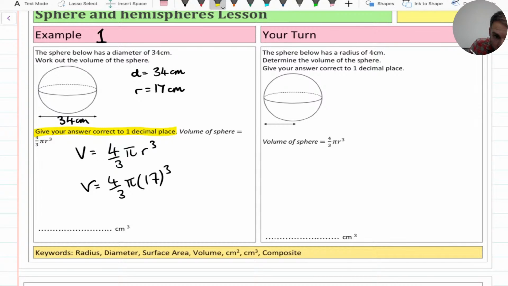Brilliant. So that's 20,579.5 centimeters cubed. Brilliant. Thank you.